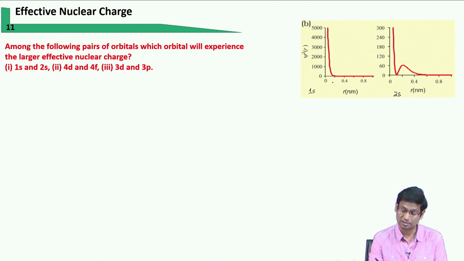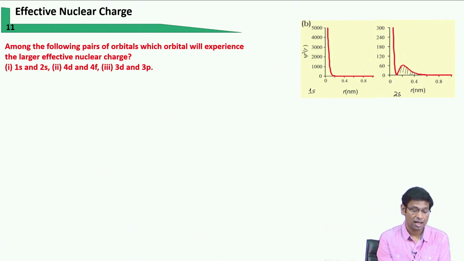Beyond 0.2 nanometer, you have almost 0 probability, but when you look at the 2s orbital, the probability of finding the electron even at larger distance between the electron and nucleus is finite. Therefore, 2s electrons are found farther from the nucleus, and 1s electrons are found closer to the nucleus.